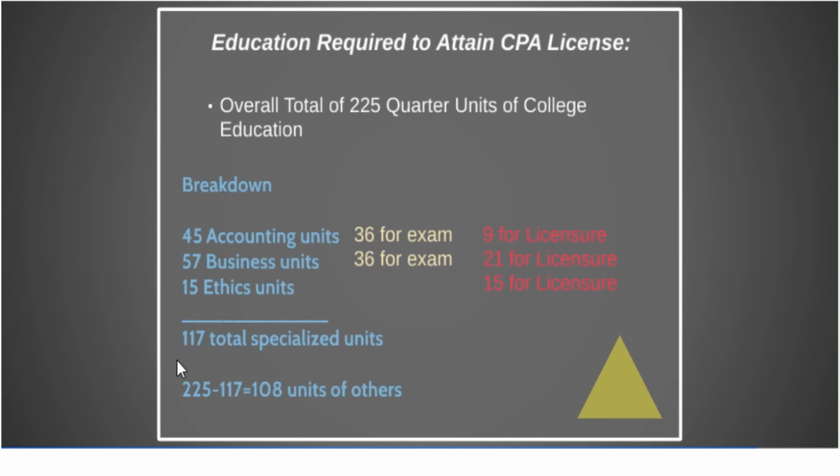So in total, you're going to add up to 117 total specialized units. However, because the CPA requires you to have 225 units completed, you will still have room for 108 units of other subjects of whatever fulfills your heart's desire to be able to reach 225.